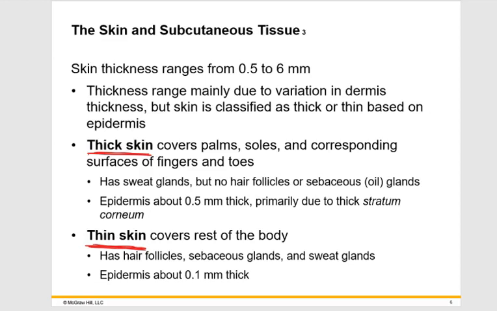It is found only on the palms of our hands, the soles of our feet, and of course those corresponding fingers and toes that are attached. Thin skin is typically covering the rest of our body. The easiest way to distinguish between thick and thin skin is that thin skin is going to have hair follicles.